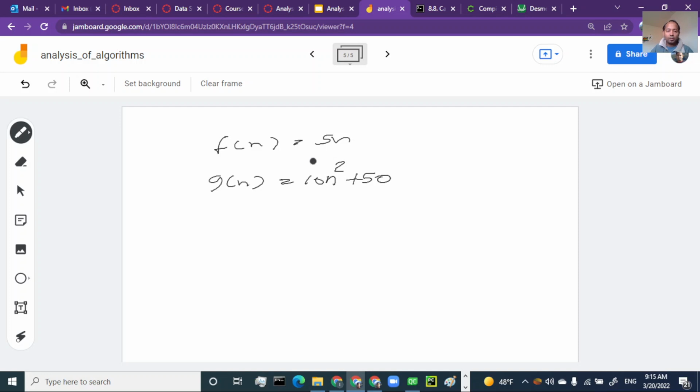So we take the ratio, Fn divided by Gn, and then take the limit as n goes to infinity.